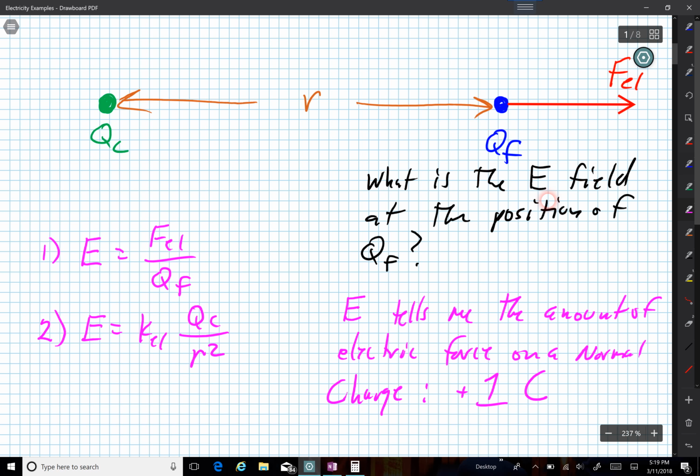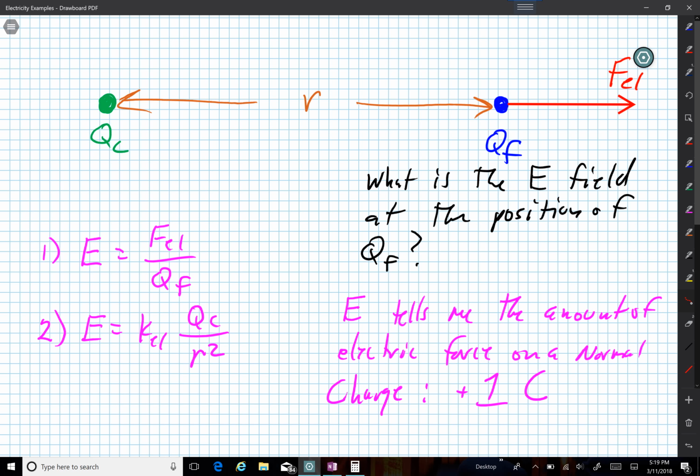Look, here. If I actually have 20 microcoulombs as the field charge, and that field charge is feeling a force of 0.144 newtons.